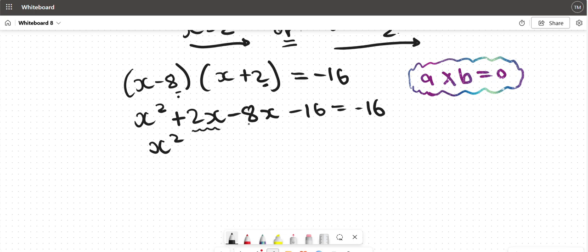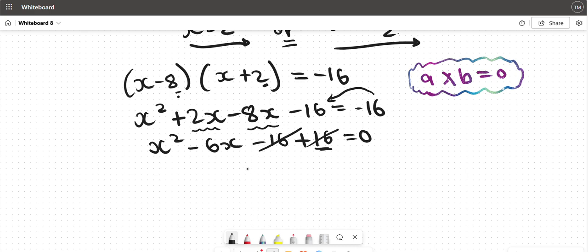But while I'm gathering, let me just evaluate this. 2 minus 8 is just -6x, and you end up with -16 plus 16. Where is this plus 16 coming from? It's this -16 that went over my equal sign. So at this point, these cancel, and I'm left with x squared minus 6x is equal to 0.